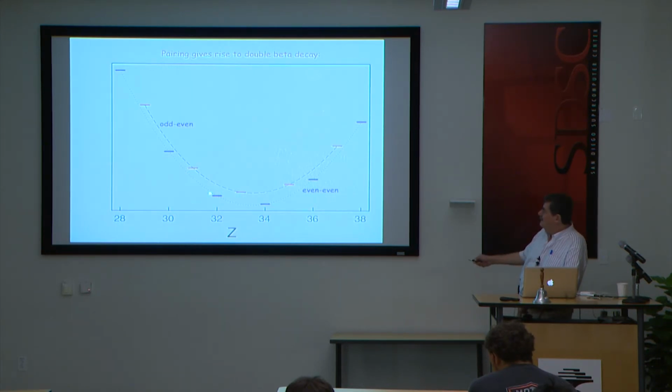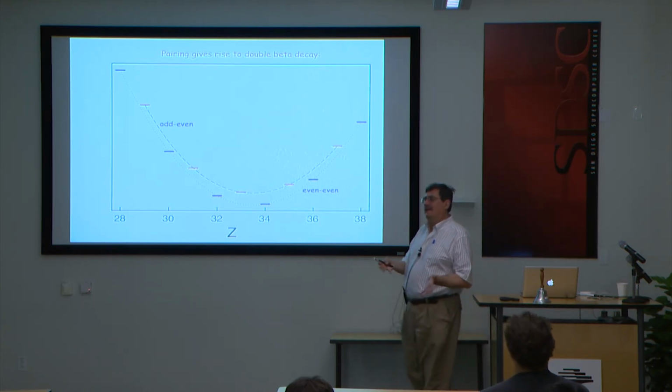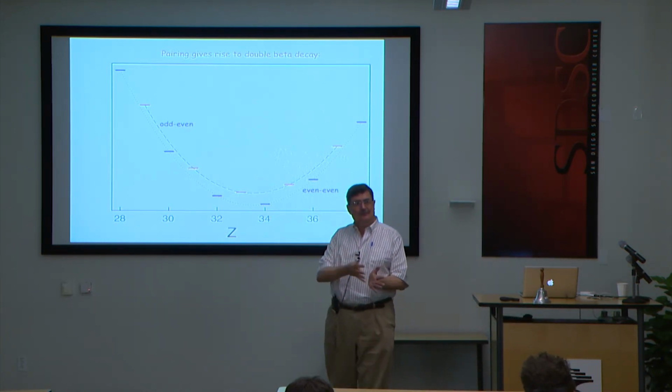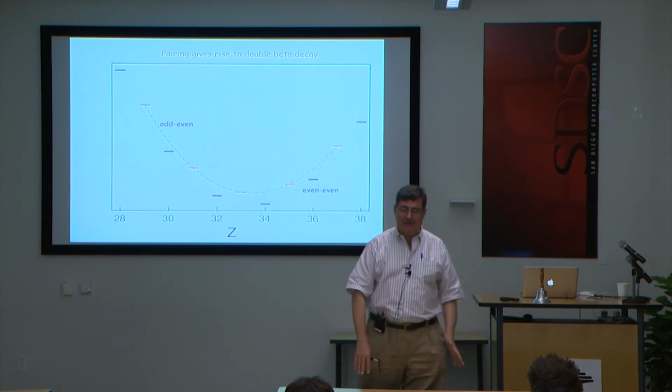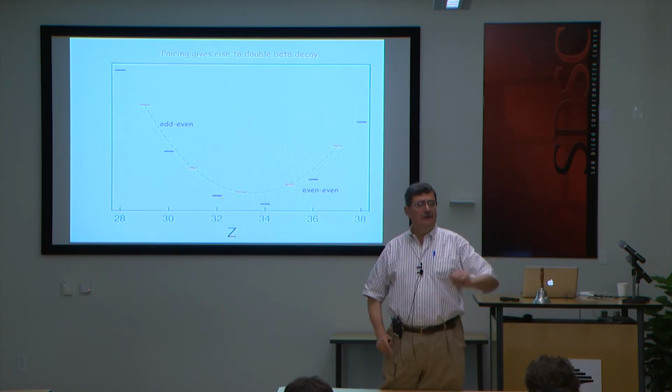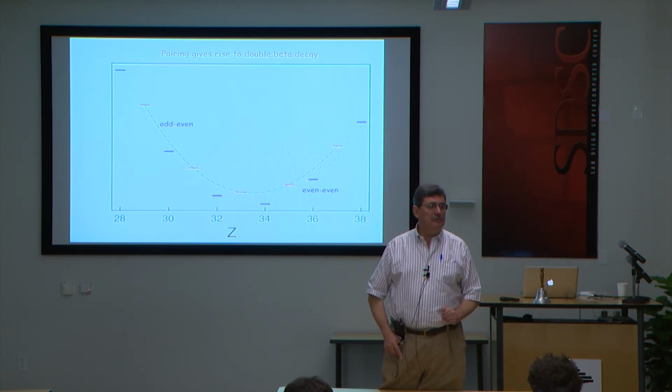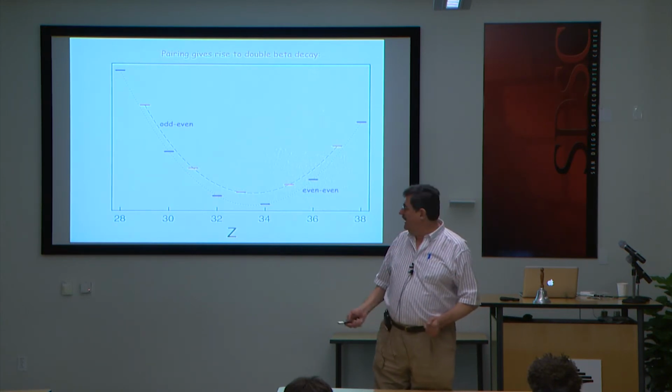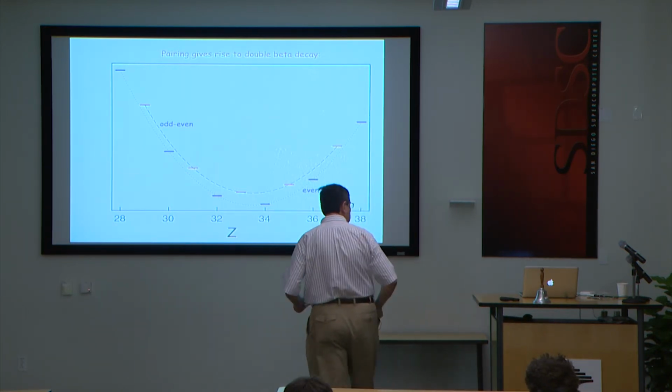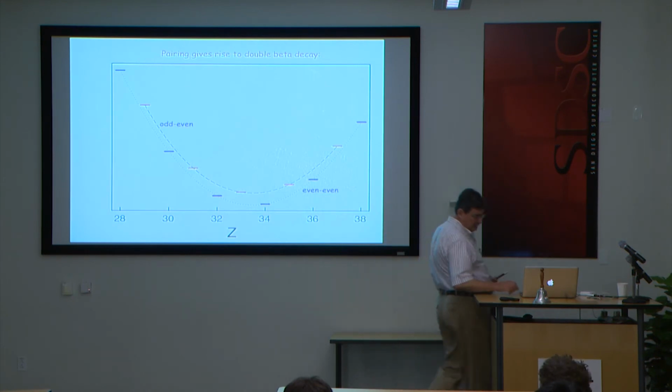And because of that, it can only decay to the nucleus two over, and that is a double beta decay. You can always try to have double beta decay, of course, but it's going to be suppressed significantly. You can only observe two-neutrino double beta decay if that is satisfied, and there are not too many such nuclei where that is satisfied.